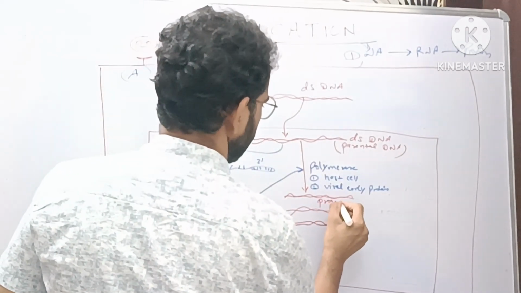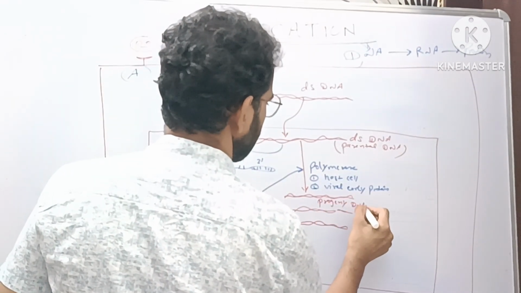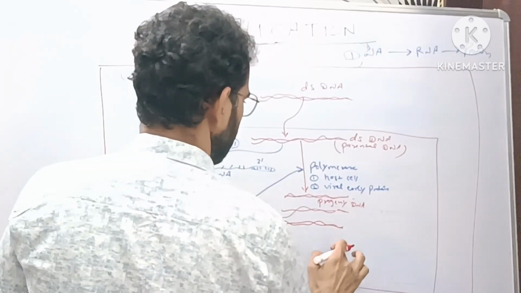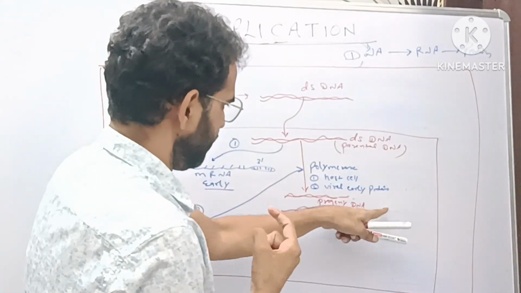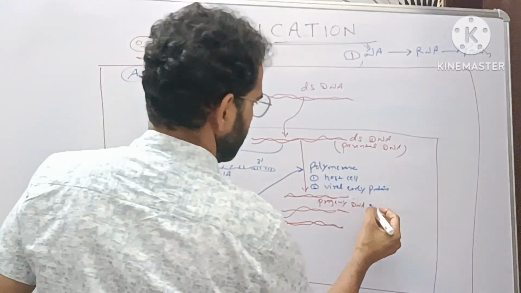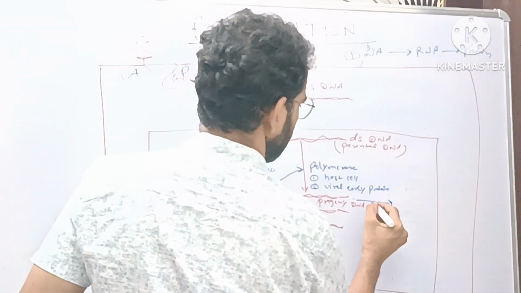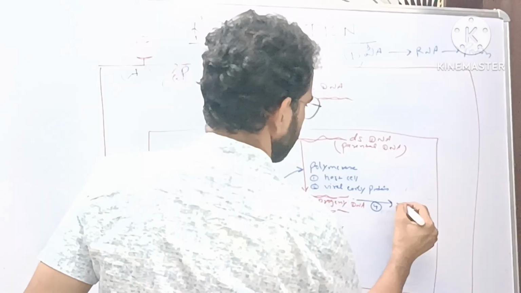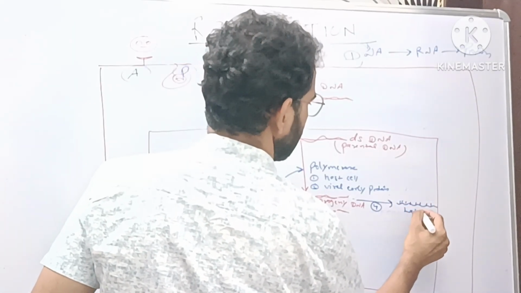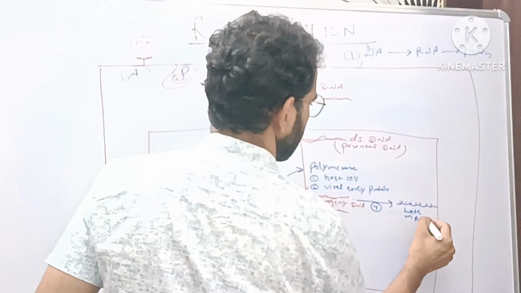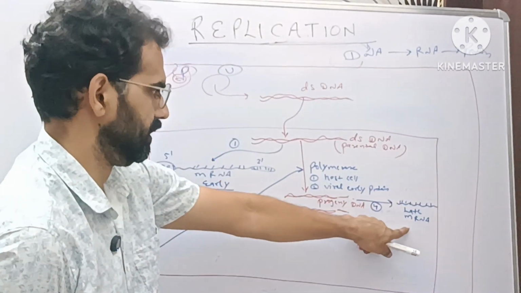Now this progeny DNA, in number 4, will make messenger RNA, but these are late mRNA.